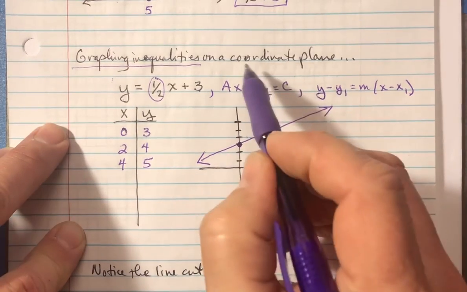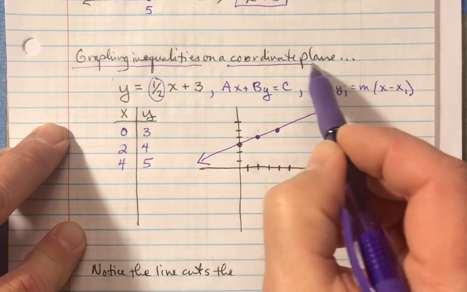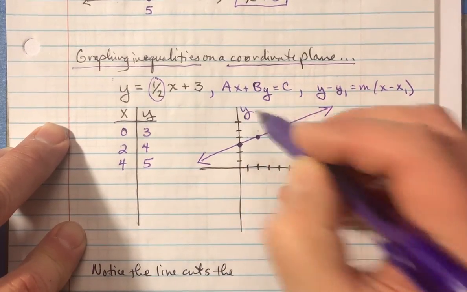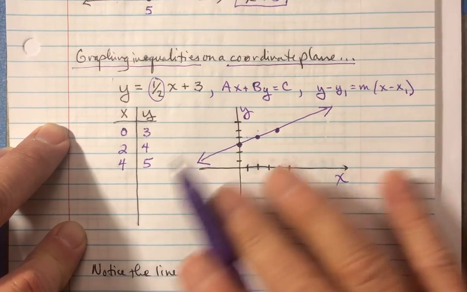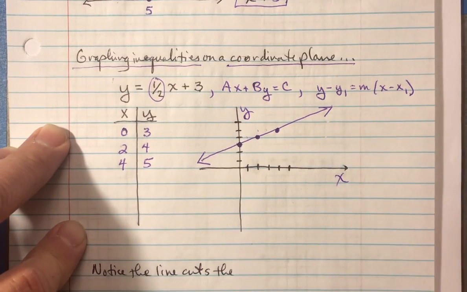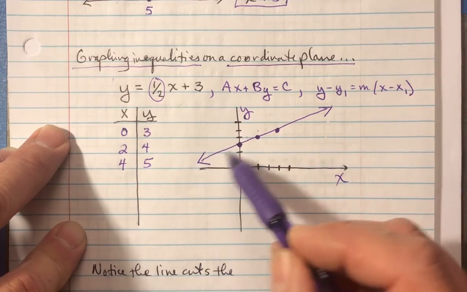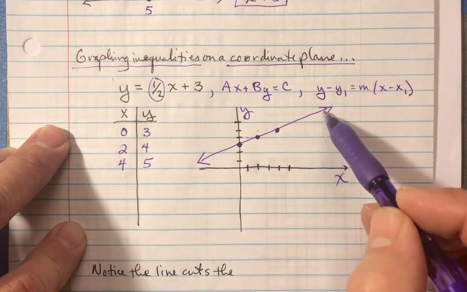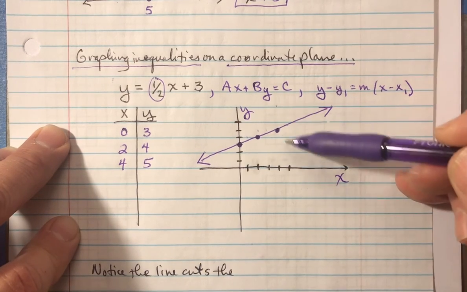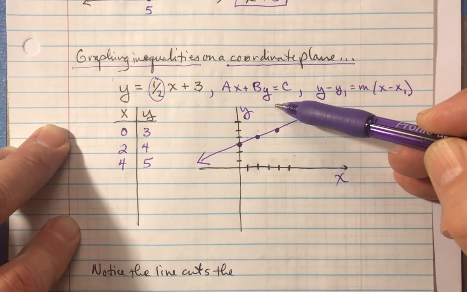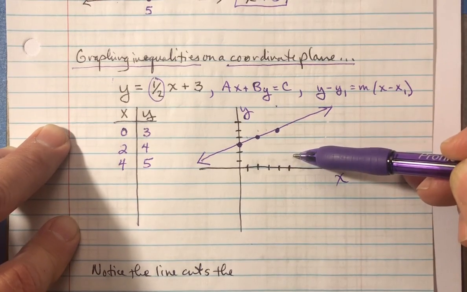Now, I said that this was a coordinate plane. This XY coordinate plane extends forever and ever in all directions. But this line now has cut the coordinate plane into two parts. A part on this side of the line and another part on this side of the line.